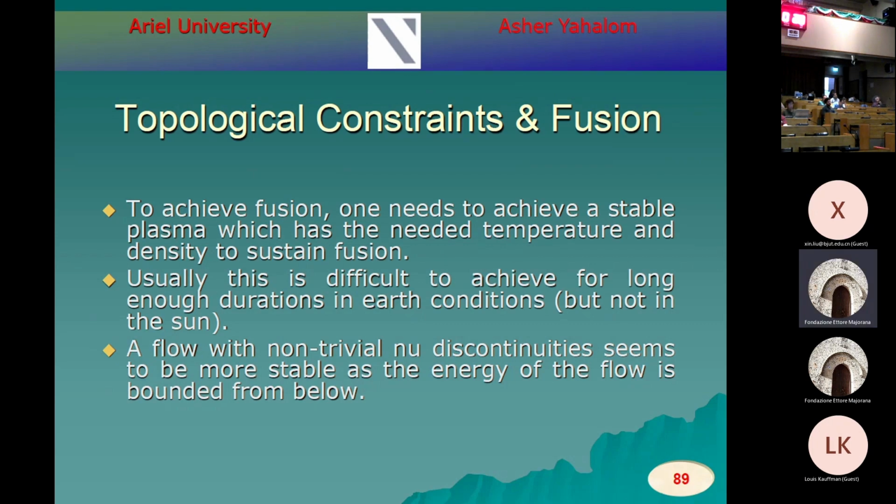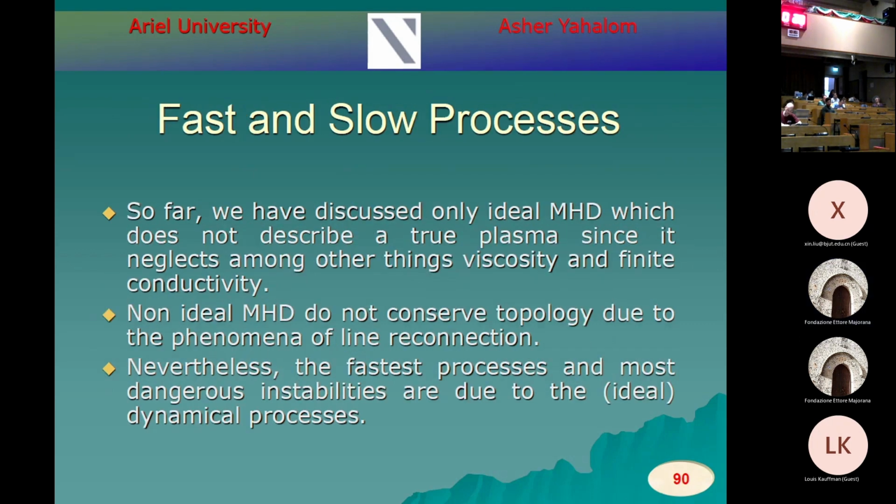So perhaps a flow with non-trivial ν discontinuity seems to be more stable, as the energy of the flow is bounded from below.